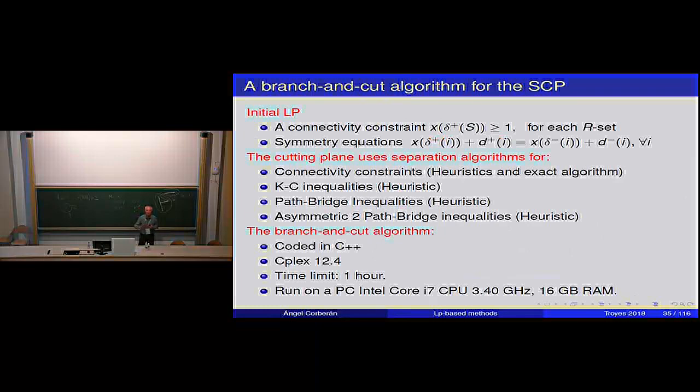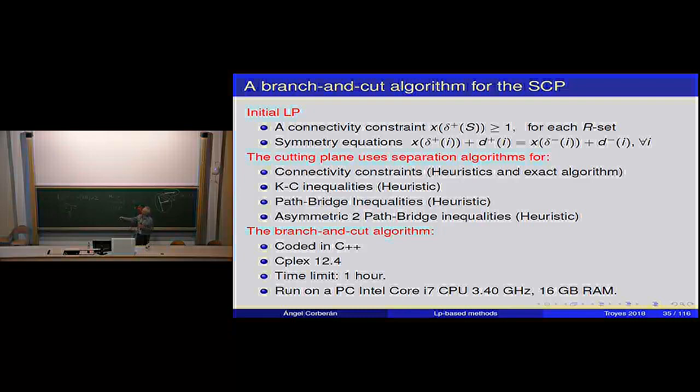No more details. We have several families of valid inequalities for solving this problem, and this is the key for the success of our approach. We define an initial LP defined by a few connectivity inequalities and all the symmetry equations, plus several families of valid inequalities that we have proved define facets of our polyhedron.